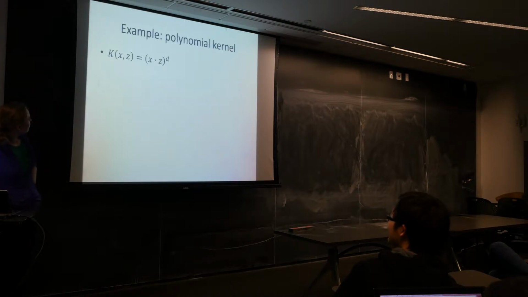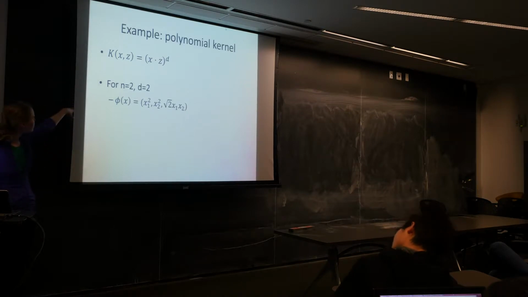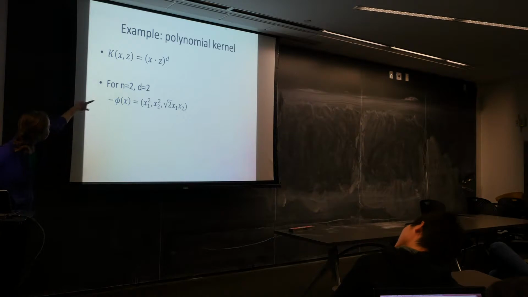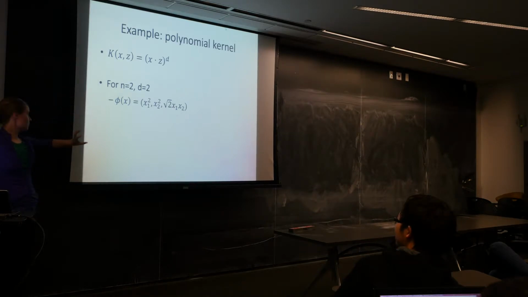An example here is the polynomial kernel, where you take a dot product of two vectors and raise it to any positive power. Suppose we take the particular case where you're raising it to the second power, and the dimension of each vector is 2.